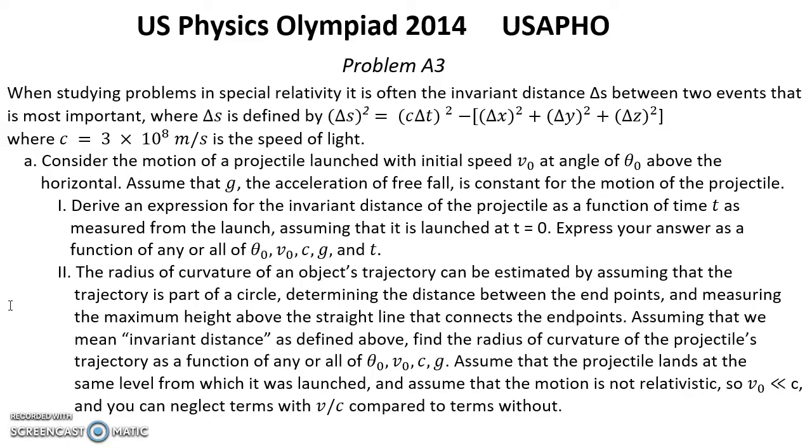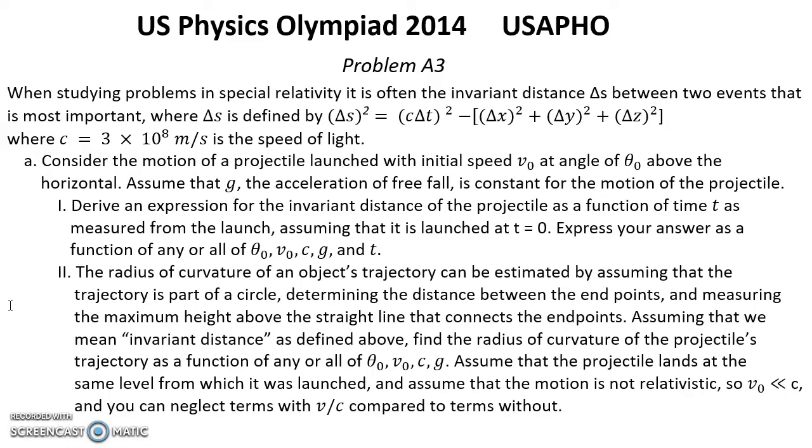First, derive an expression for the invariant distance of the projectile as a function of time t as measured from the launch, assuming that it is launched at time t equals 0. Express your answer as a function of any or all of theta 0, v0, c, g, and t.